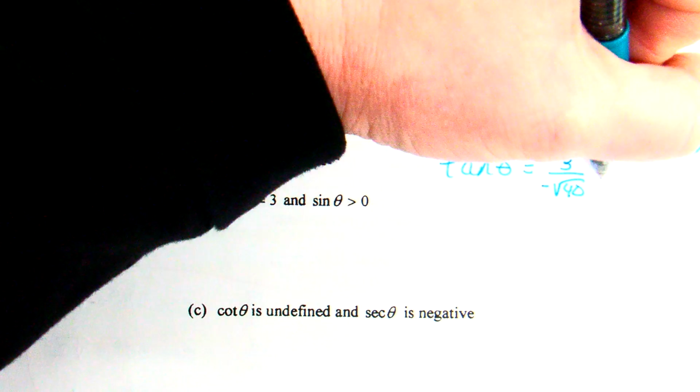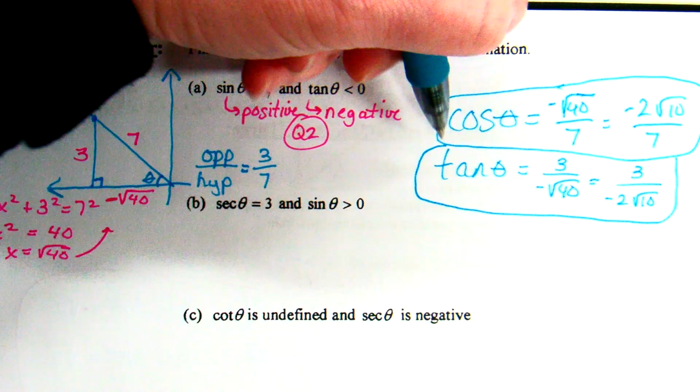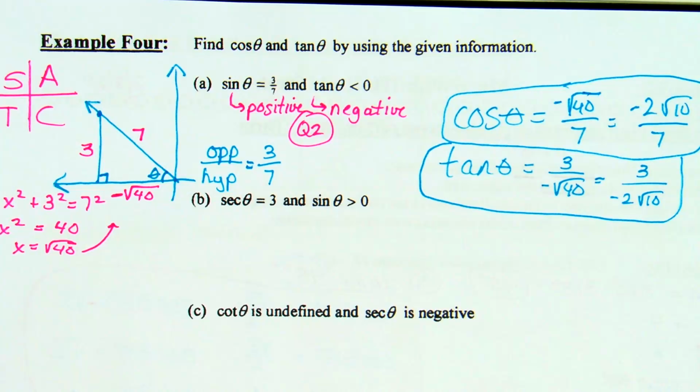But if we simplify it, it's the 3 over the negative 2 square root of 10. And they have not been rationalizing lately, so I'm just going to leave it as that. Questions on what we did there? Ready to try problem 2?